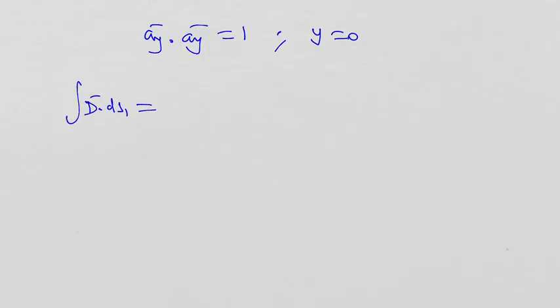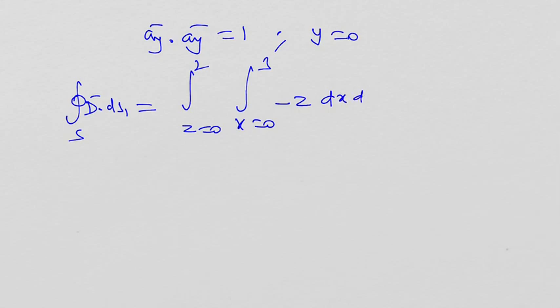Okay. So if you evaluate this, ay dot ay is equal to 1, you know that, and along this surface area y is equal to 0. So this integration will get reduced. The surface integral of D dot ds1 may be indicated as z equal to 0 to 2, x equal to 0 to 3, minus z dx dz.